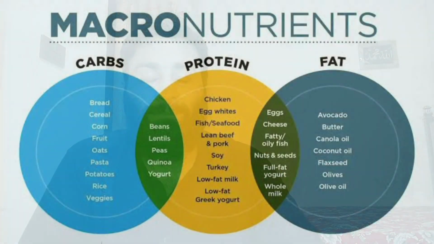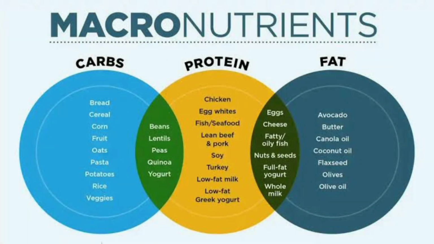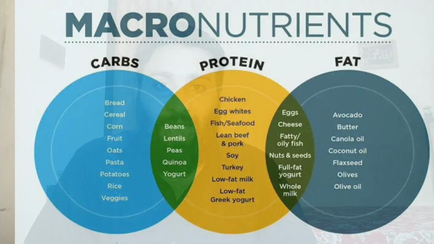Macronutrients basically contain carbohydrate in the form of glucose and refined sugar. Also protein, in the form of whey protein or meat, chicken, mutton, beef, pork. While fat is omega-3 and omega-6 fatty acid, and also short chain and long chain fatty acids, unsaturated and saturated fat.